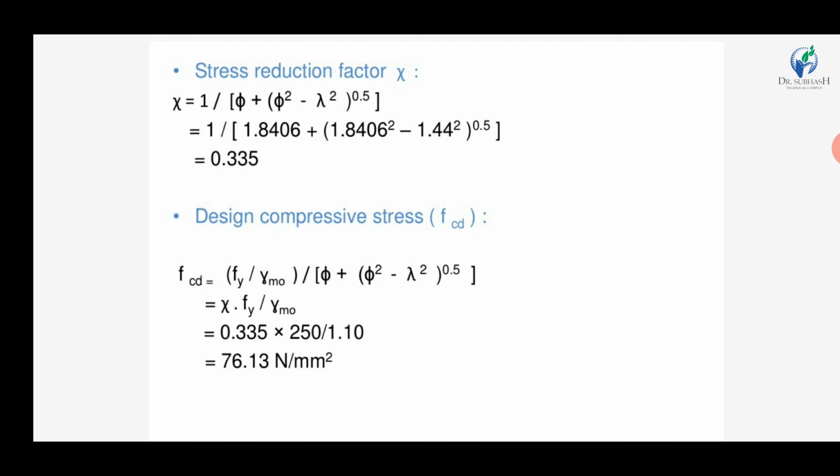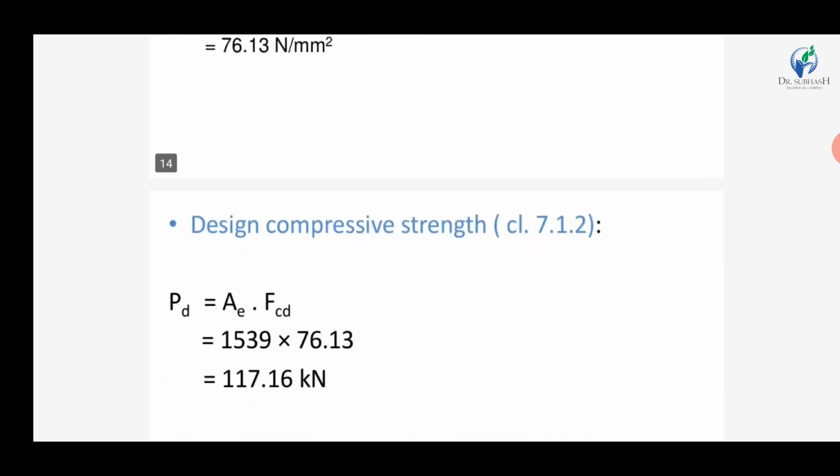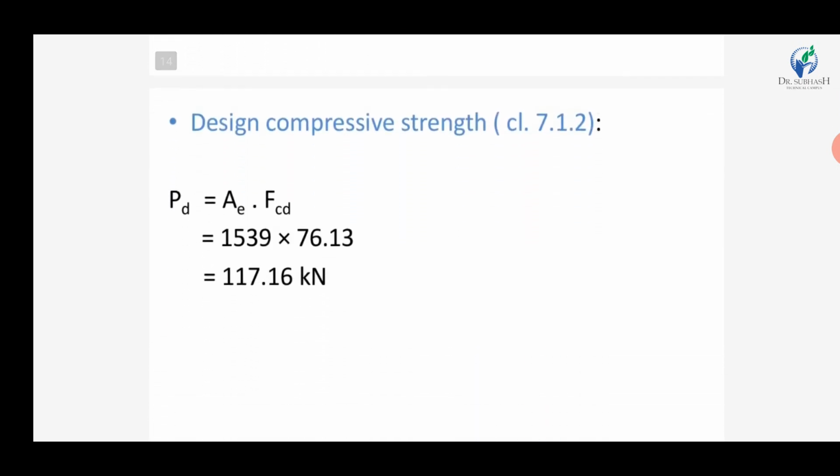Again, FCD is a stress, so the value should be in Newton per mm square. Once we find FCD, the last step as per clause number 7.1.2 is PD equal to AE into FCD. So finally we find the design compressive strength in kilonewton or Newton. These are the 5 to 6 steps to find the design compressive strength.